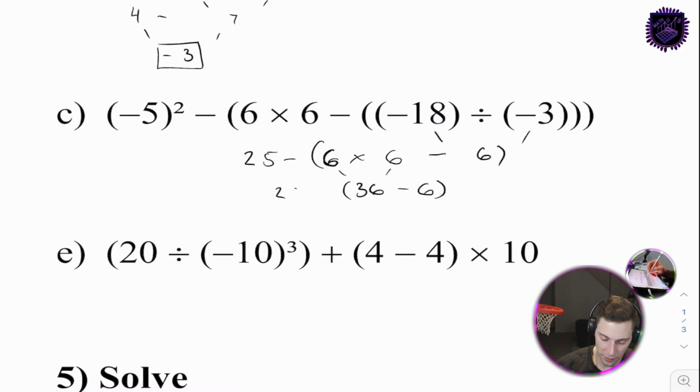And then 25 minus 36 minus 6. That's going to be 30. 25 minus 30 is going to be negative 5. Answer, negative 5.